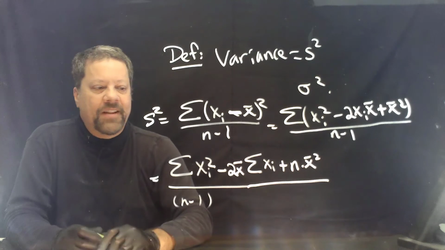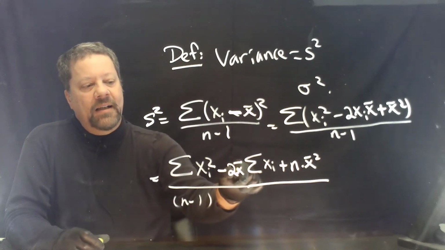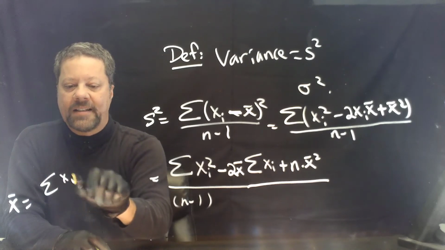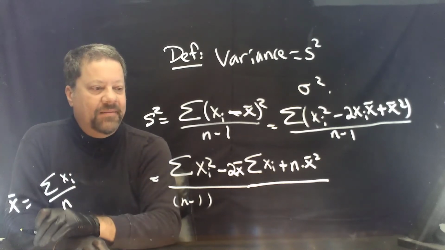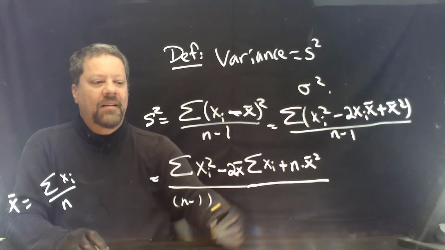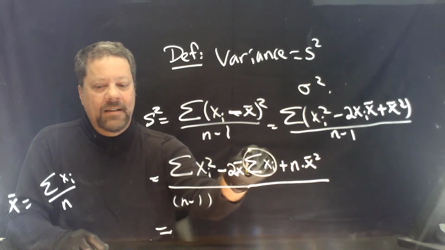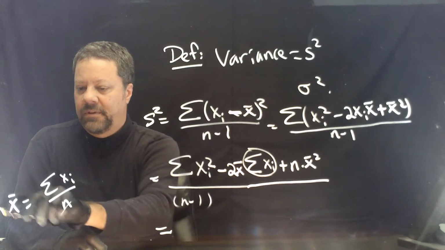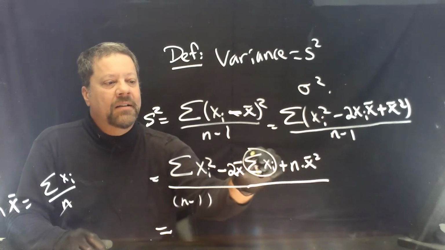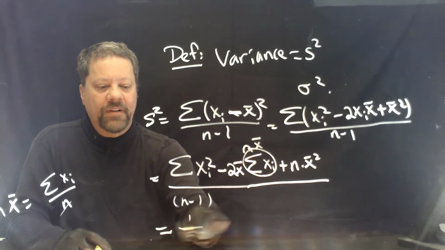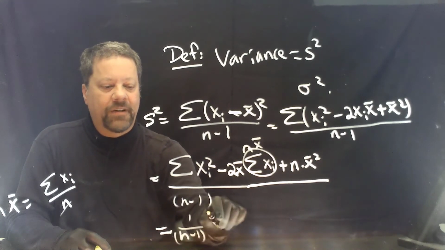Now we can simplify this a little bit because x bar is the sum of the xi's divided by how many you added. And so one way of thinking about that is that this is like n times x bar. So we're getting 1 over n minus 1 out front.